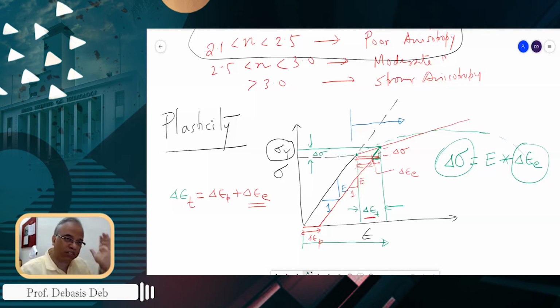Hooke told us this a long time ago, and that is also true in the plastic range. So all the time if stress is changing, it is due to elastic strain only, because stress is related to the modulus of elasticity. So delta sigma is E into delta epsilon E. Okay, this much clear, everybody?